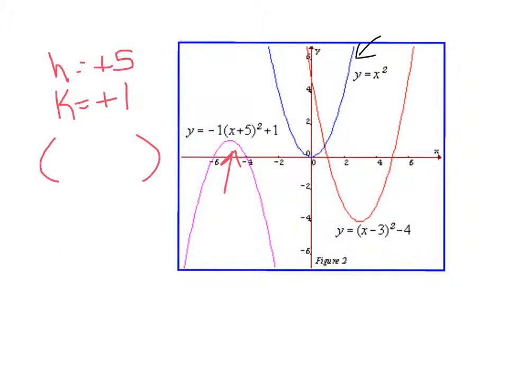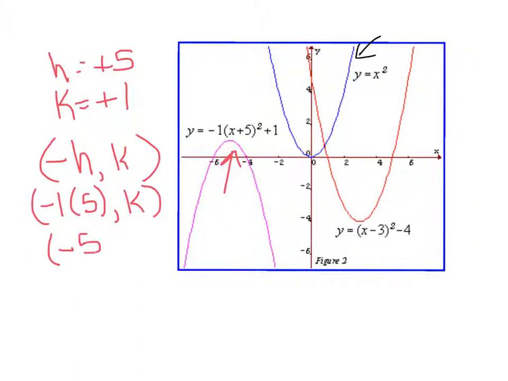Since we know that our vertex is negative h, comma k, we know that it's negative 1 times positive 5, comma k. And in this case, k is 1. So negative 1 times 5 gives us negative 5, and our k value is 1. So we know that this point, right at our vertex, has to be negative 5 and 1.